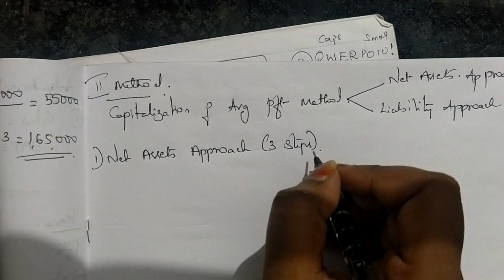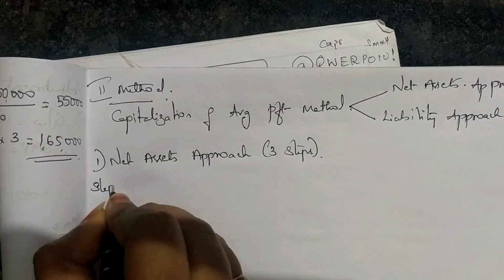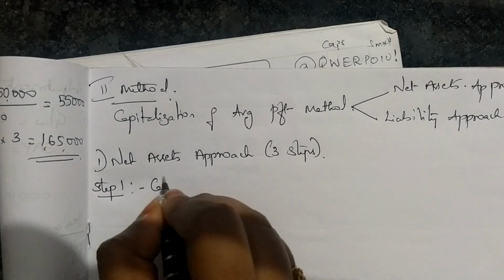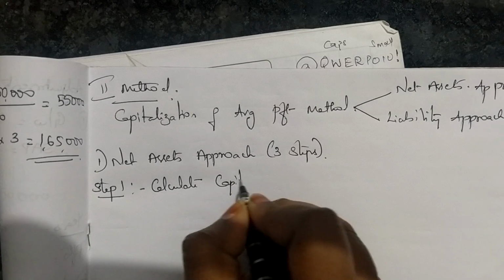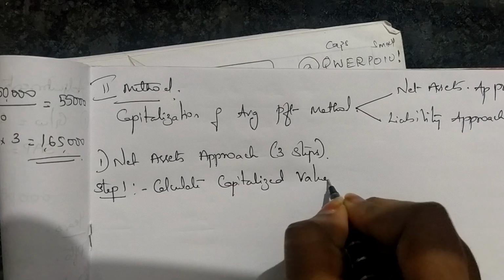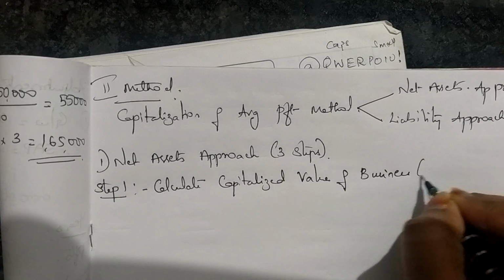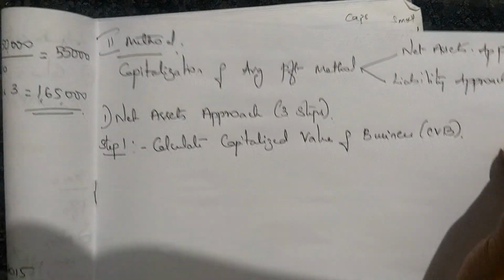Step 1, you have to calculate the capitalized value of business. We call this CVB.